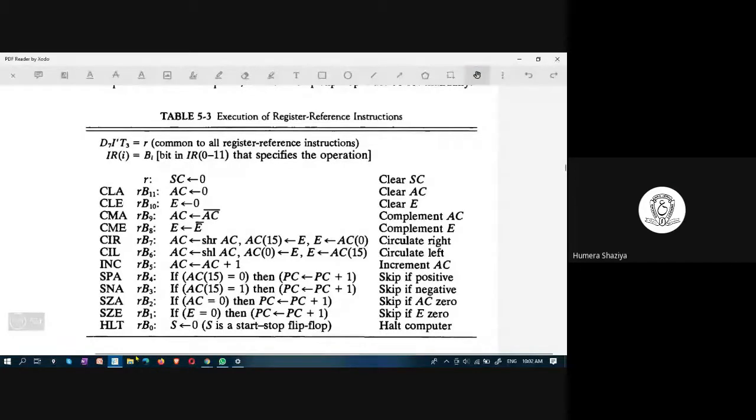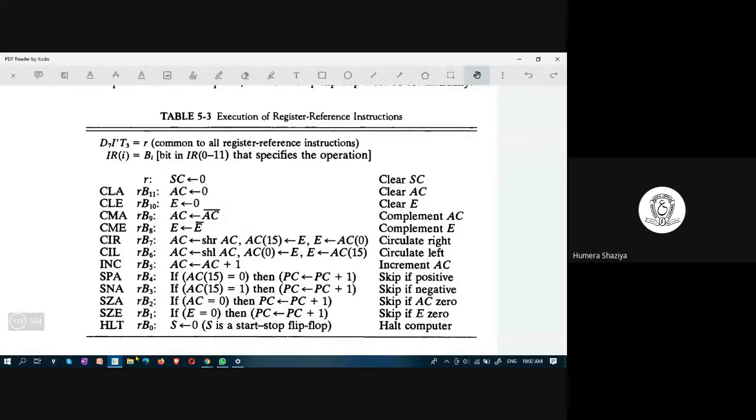Can anyone tell me what is CME? Complement what?